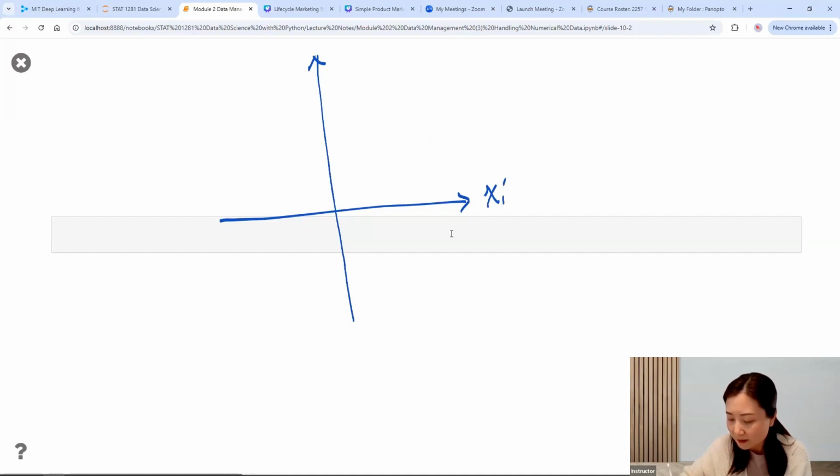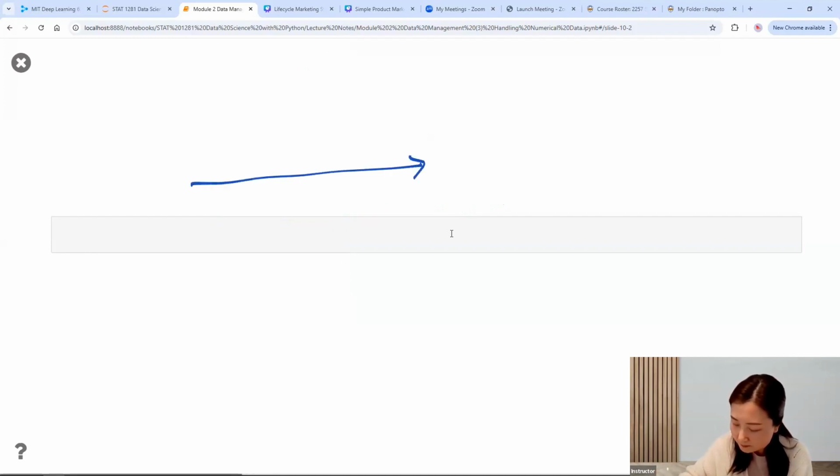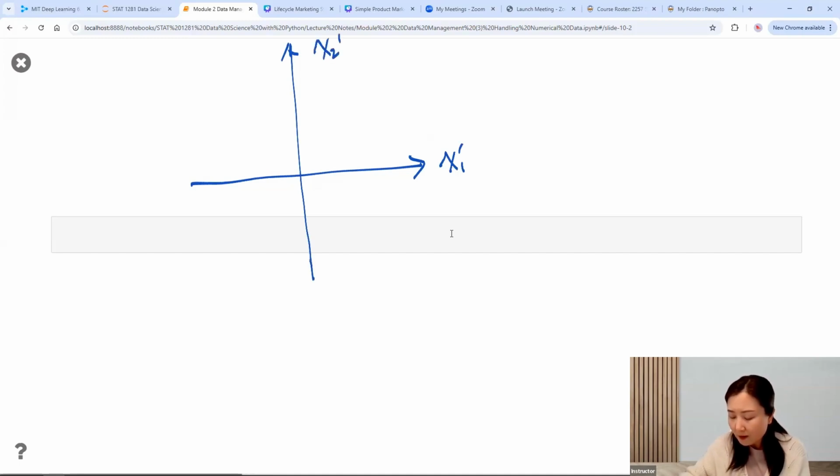Consider the transformed data x1', x2', after the transformation. Let's consider a particular point. Then measure the distance between the point and the origin and call it the radius.